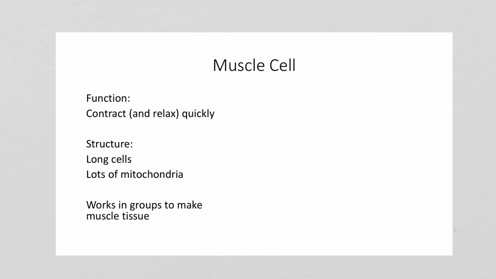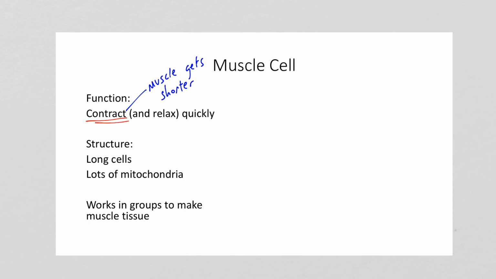The function of muscle cells, as we hopefully got, is to contract really quickly. So by contract, what actually happens with a muscle cell is that the muscle gets shorter. At A level, you'll learn about how this happens. For now, all we need to realize is that when your muscle contracts, it gets shorter. You can do a little test with yourself right now. You have your bicep muscle and you have your forearm.